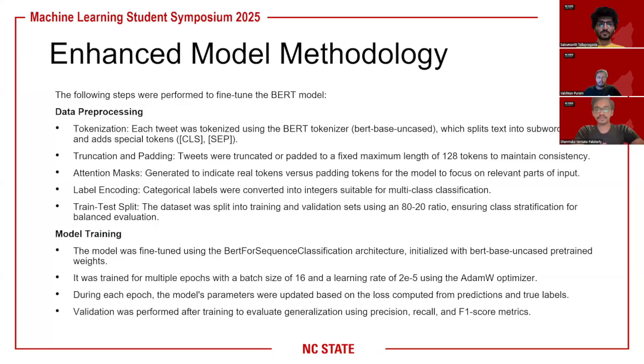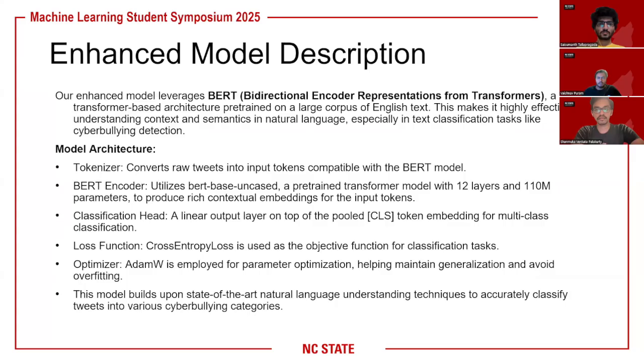Next is our model description. Our model is built on BERT-base, which includes 12 transformer layers and over 110 million parameters, enabling it to generate rich contextual embeddings from the tweets. The pre-processing pipeline begins with the BERT tokenizer that converts the raw tweets into subword tokens and prepares them for the input.